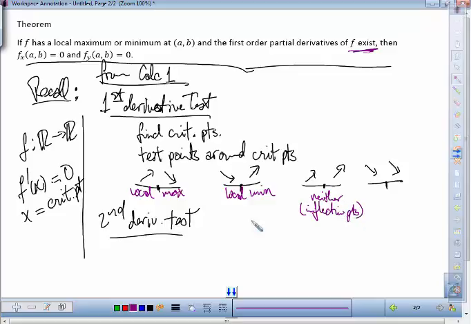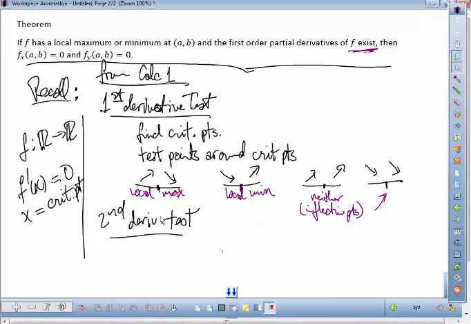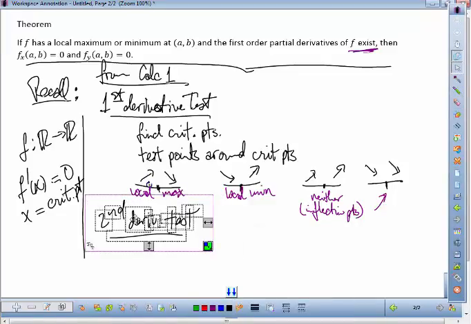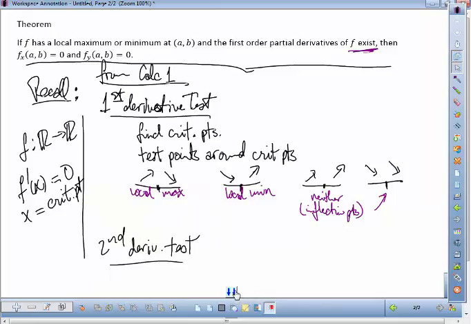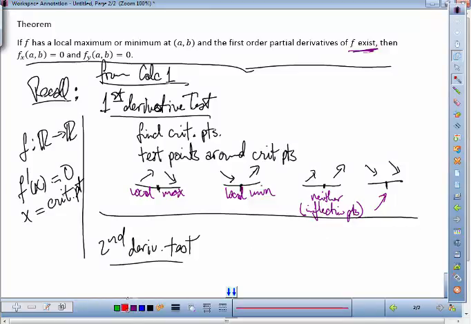Saddle will be coming up soon. All right. So this is a nice idea, the whole first derivative test idea. But we can't do this for this type of function.